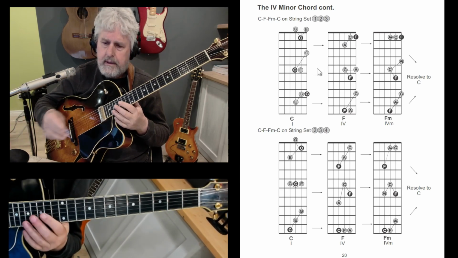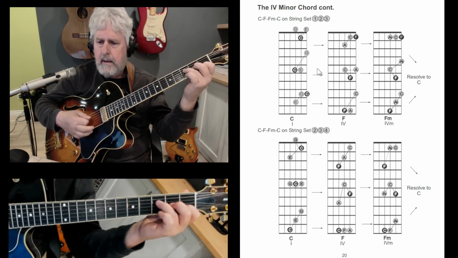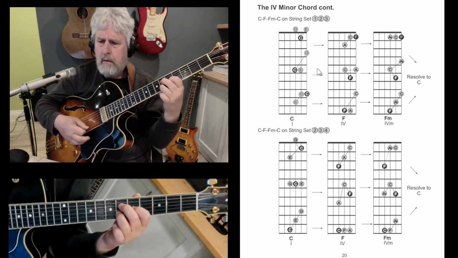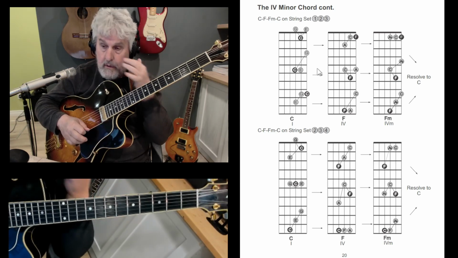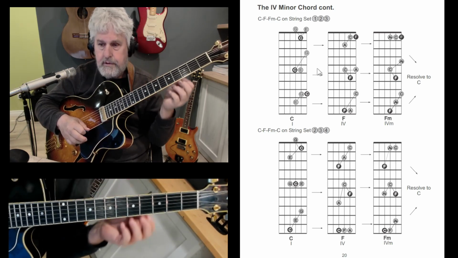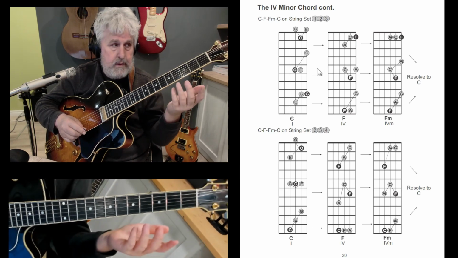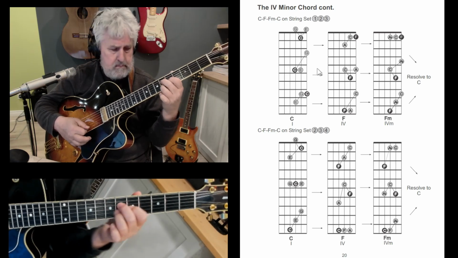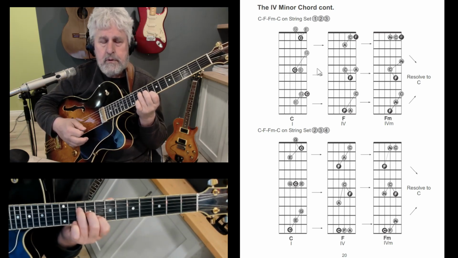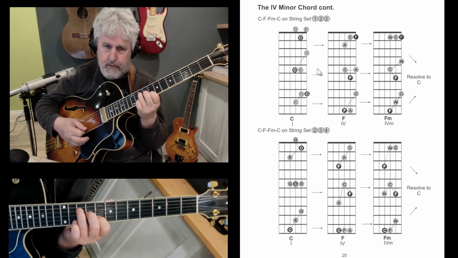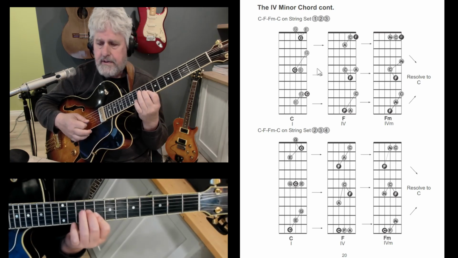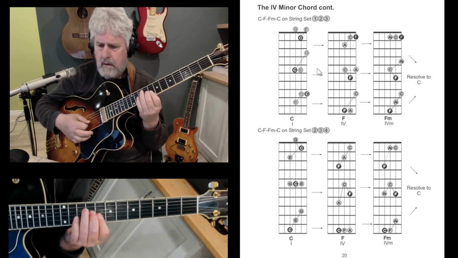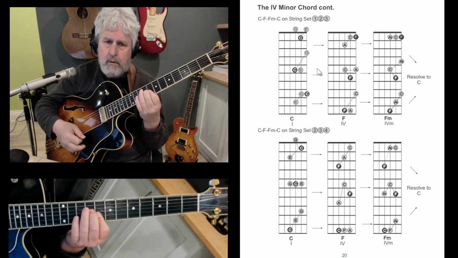Now, of course, the next step would be to do the same thing through each string set. Now, you can also do resolutions in different places. Let's say, so I'm resolving to the next inversion of the C chord, right? Next, let's try that here. And so on.